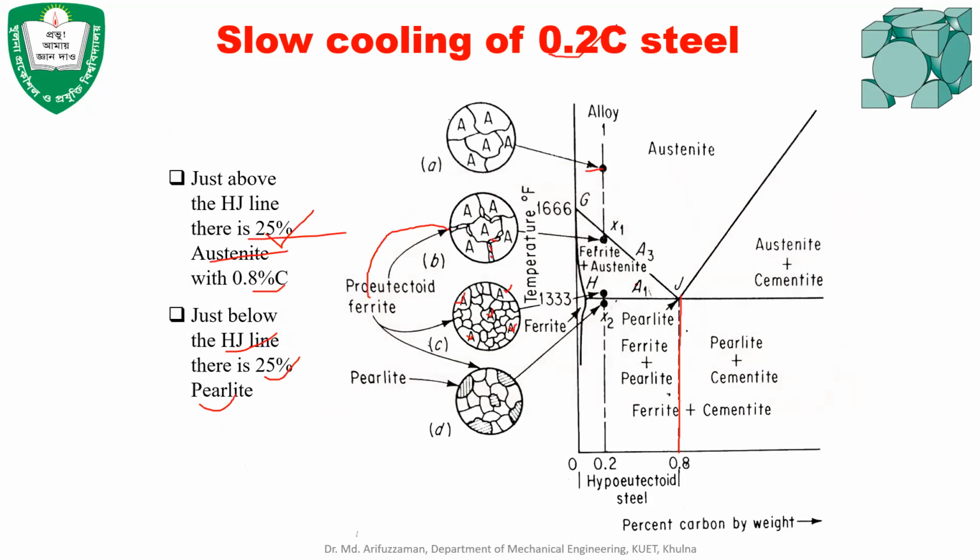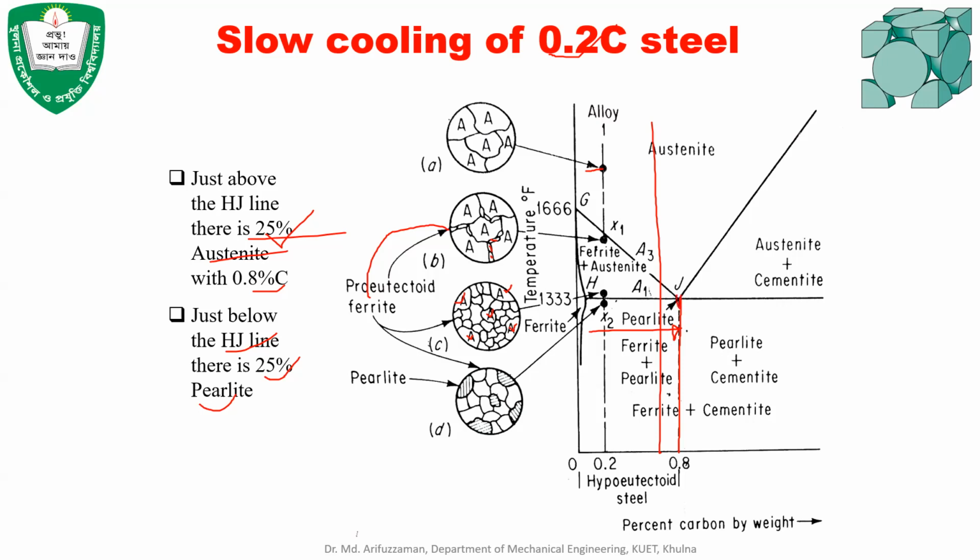So when you consider another alloy in this region, there will be more and more pearlite. More austenite will be remaining in the structure, and more pearlite will be produced. That means if you move from this point up to 0.8%, the amount of ferrite will reduce and the amount of pearlite will increase.